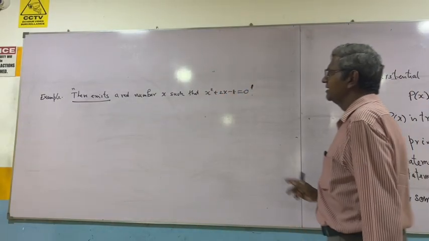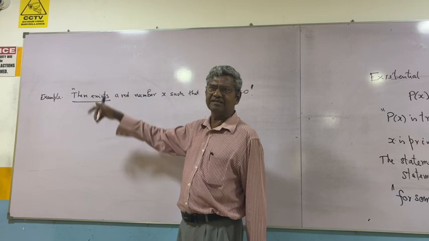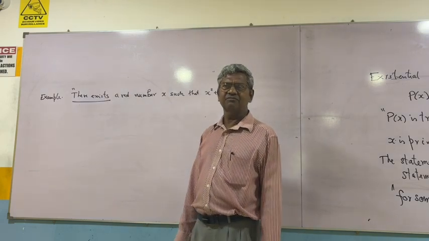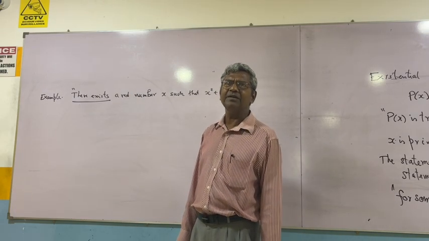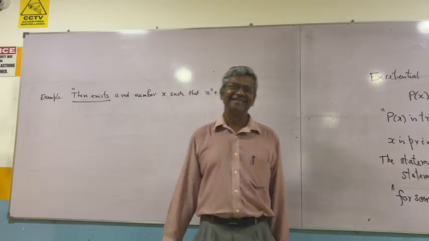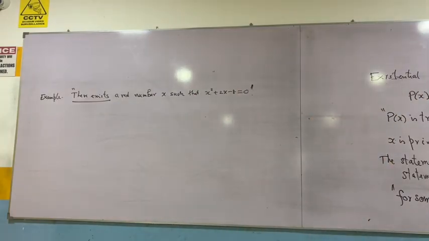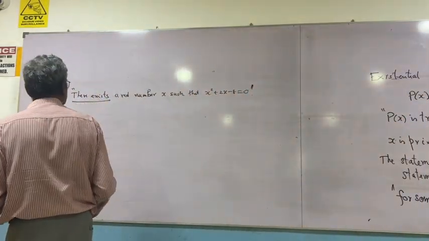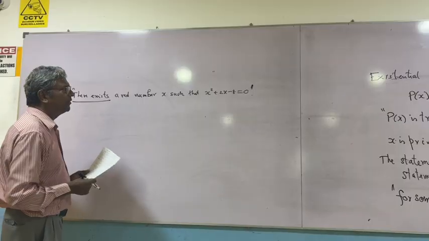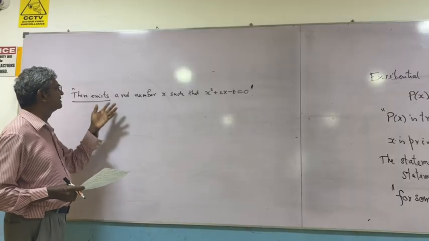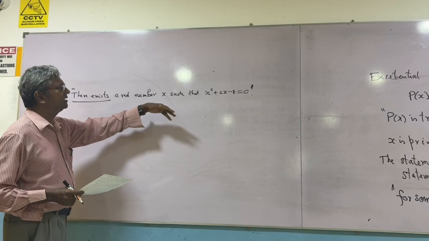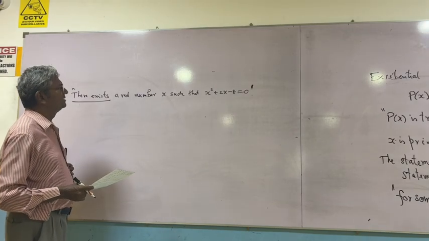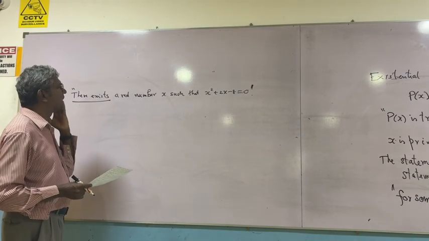However, mathematicians, they like this one. There it is. It reminds that you are doing mathematics. When you write for some, it's like English. So in my books, I guess I use "there exists" a lot. At the beginning, it is good for you to write this one in other ways. x squared plus 2x minus 8 is equal to 0 for some real number x. You can write either way.